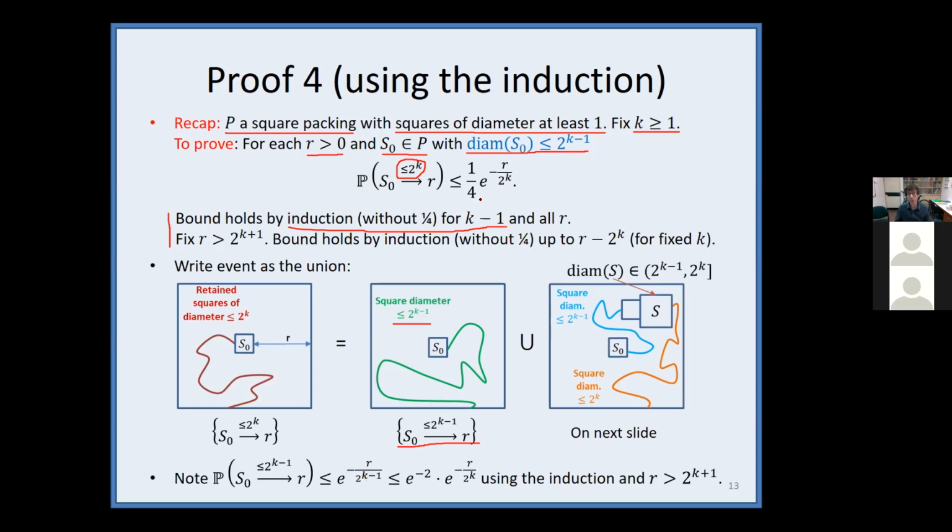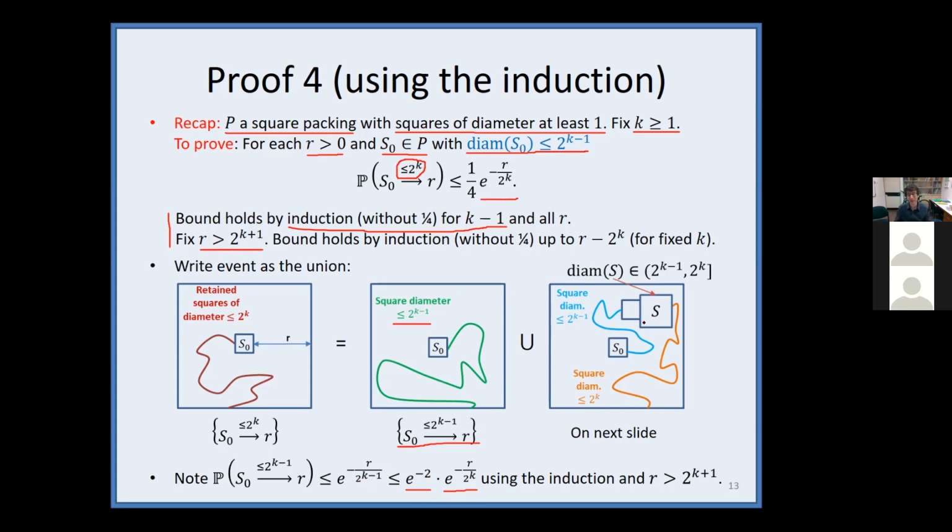I need to compare it with e to the minus r over 2 to the k. So actually it is e to the minus r over 2 to the k times a small factor. Small factor because I've assumed r is greater than 2 to the k plus 1. So it gives me a prefactor e to the minus 2, which is smaller than 1/4. So I'm still fine. So I've bounded the probability of the first event.